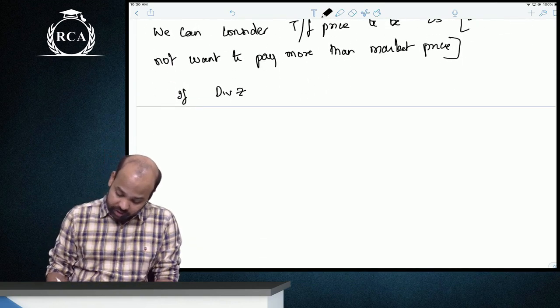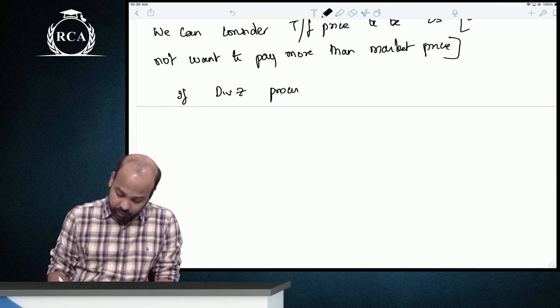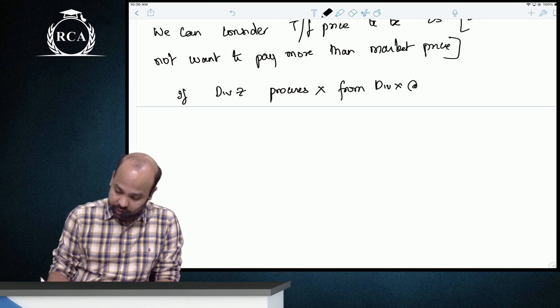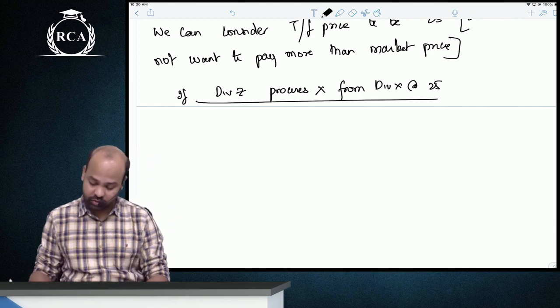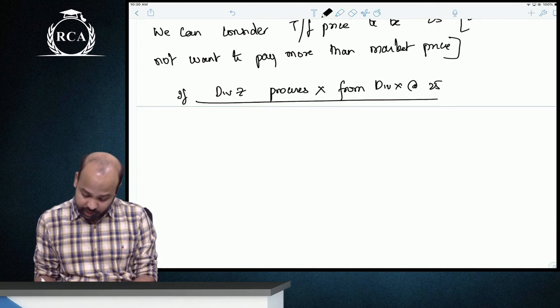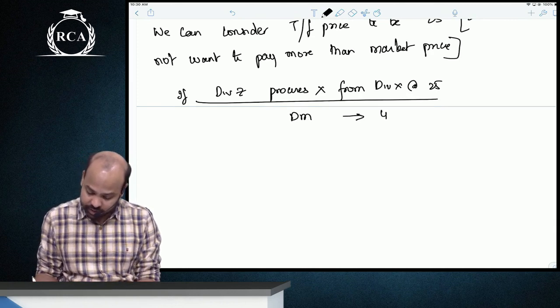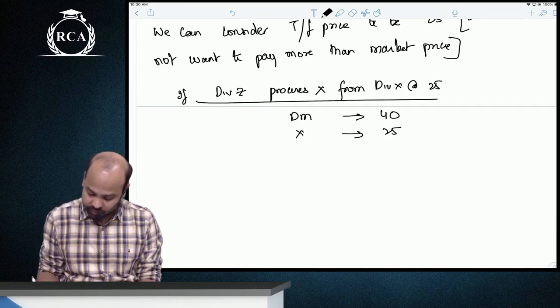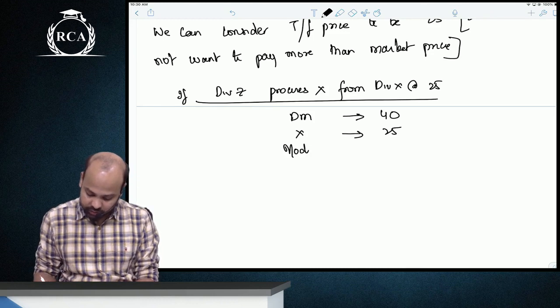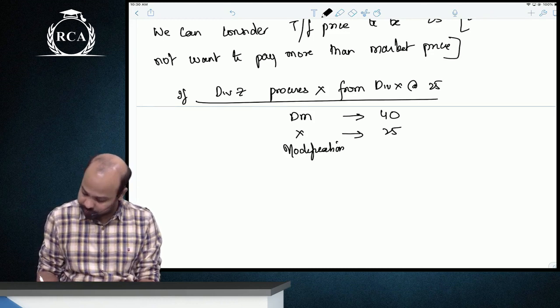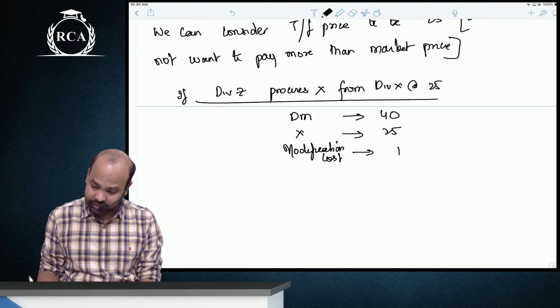Now, if division Z procures component X from division X at 25 rupees, listen carefully, please pay attention. That direct material cost is 40 rupees. Component X is 25 rupees. Modification cost that they will have to incur is 1 rupee.